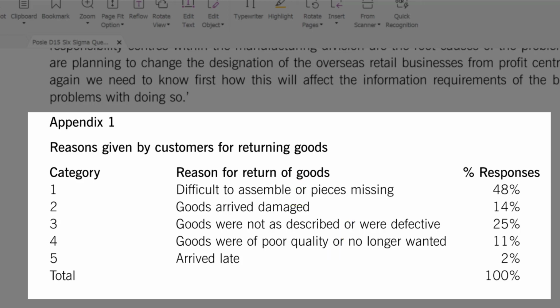Look at category 1, difficult to assemble or pieces missing. Those are 2 separate problems, and the cause of those problems could be from different business units. Difficult to assemble, that could be from poorly written instructions.